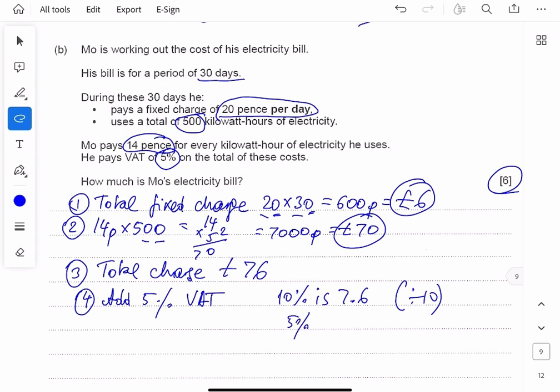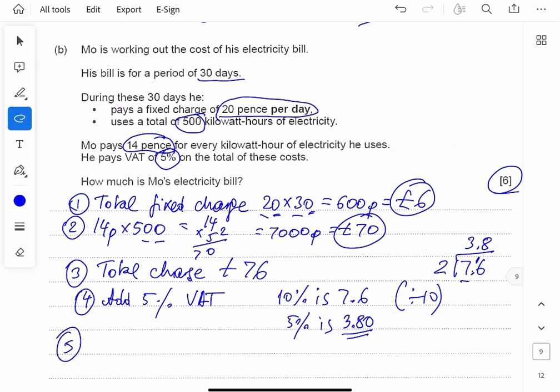We know 10% means divide the number by 10, so 76 becomes 7.6, but we need 5%. So we're just going to halve the answer. So 7.6 divided by 2. I'm using the bus stop method to work this out, which is 3.8, as money is £3.80.